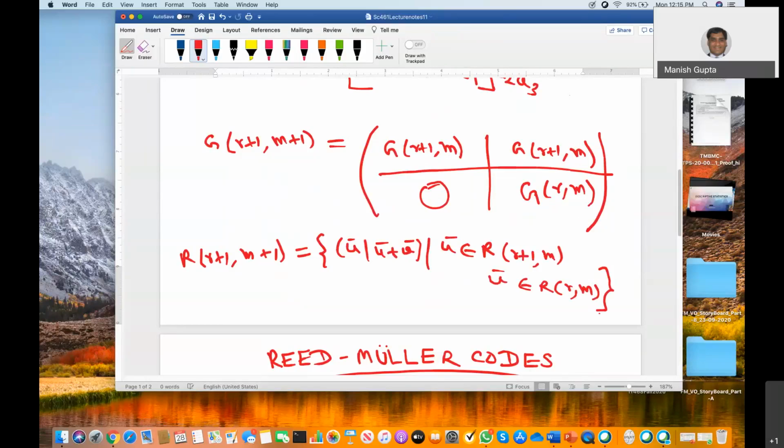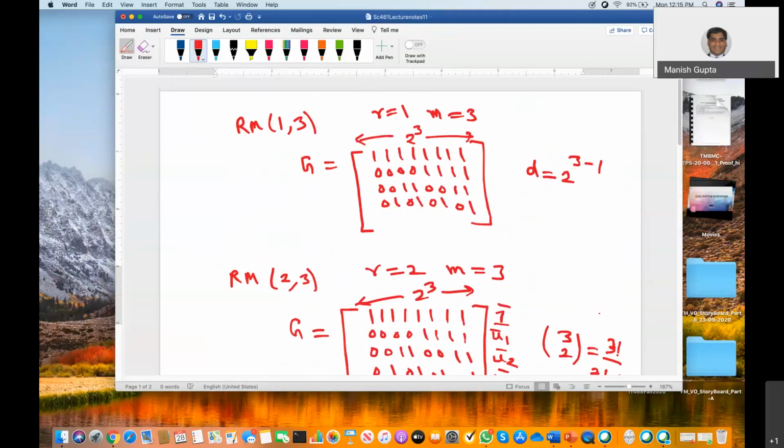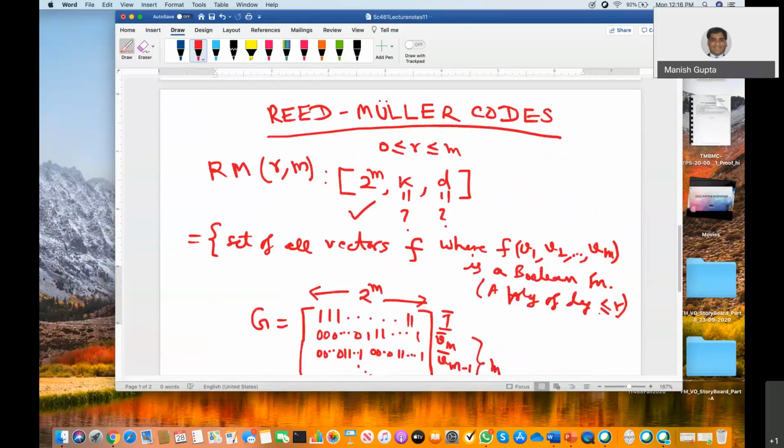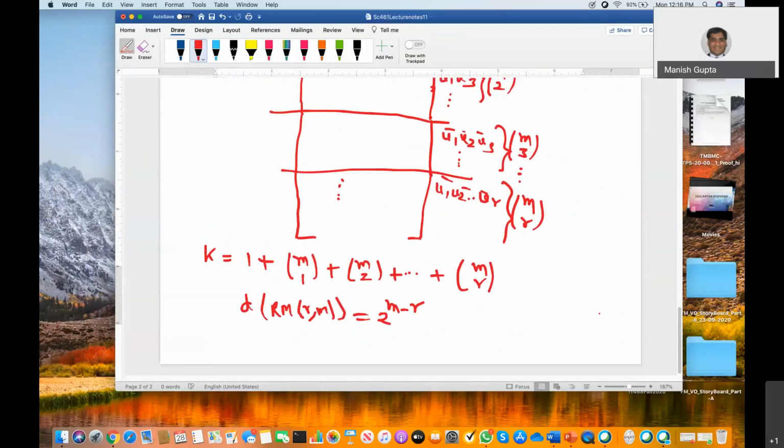Okay, so this is the generator matrix. Now using this generator matrix, we can prove inductively that the minimum distance of this code is 2 raised to power m minus r. So I leave this as an exercise for you to show by induction. We can prove it easily that this is the minimum distance of the code.